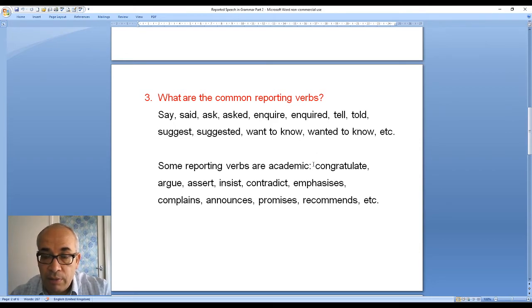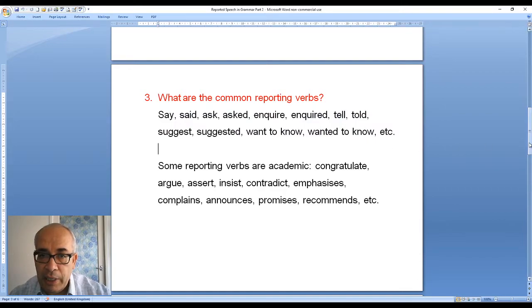So don't worry about them, but we have to know we have some verbs, and these verbs are academic, which means university level, and we use them when we are going to report what a person said. Of course, you can say congratulate or congratulated, argue or argued.